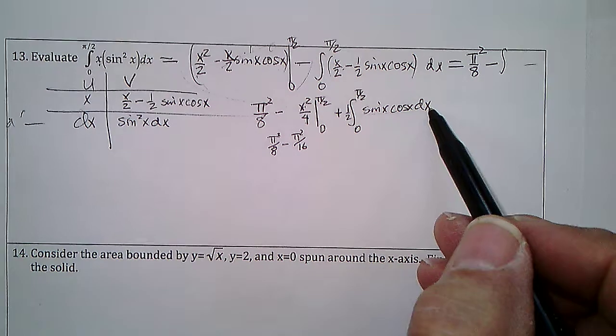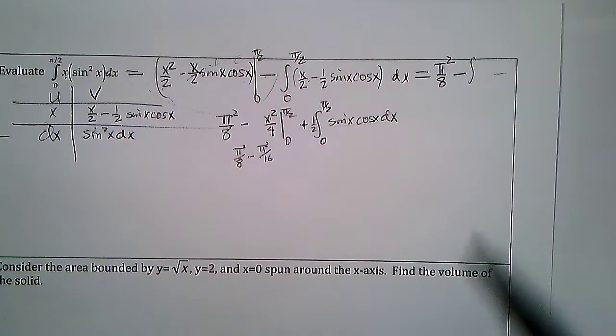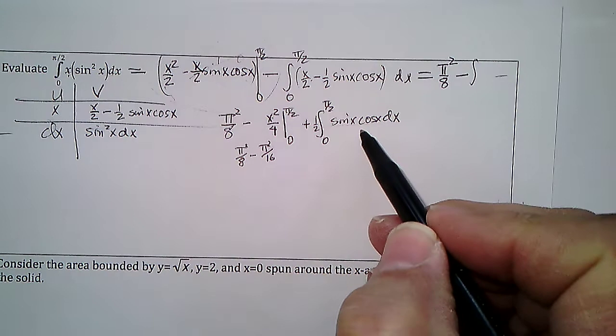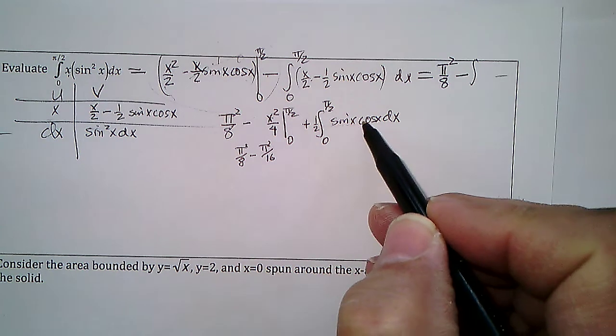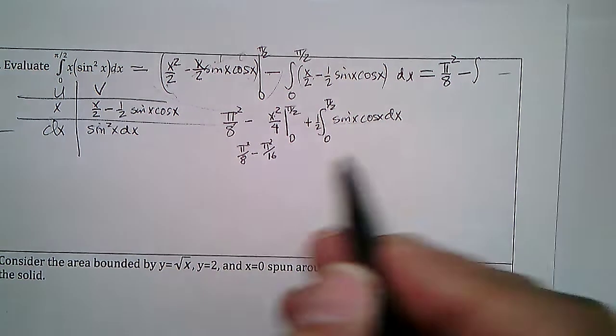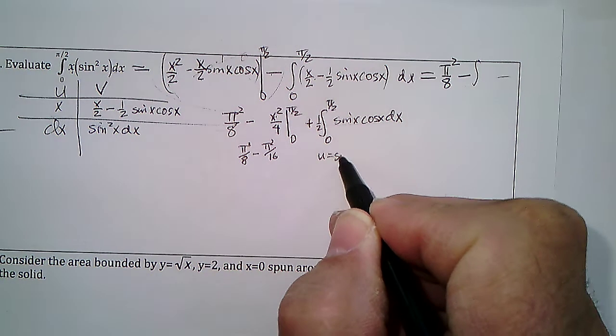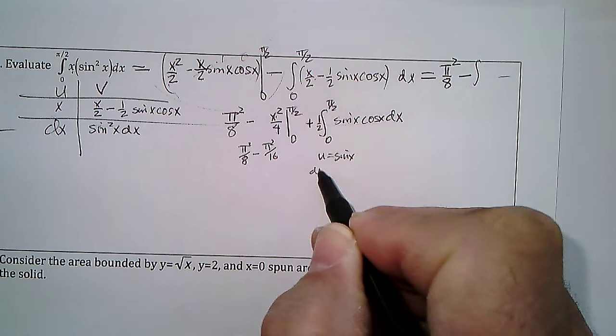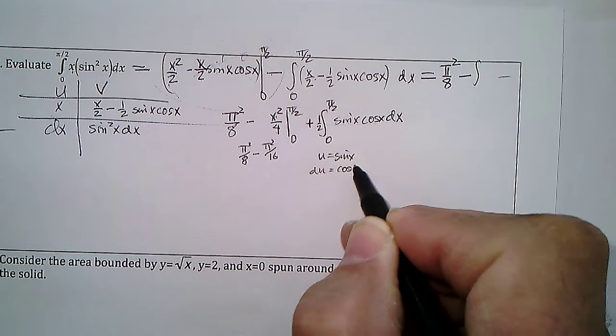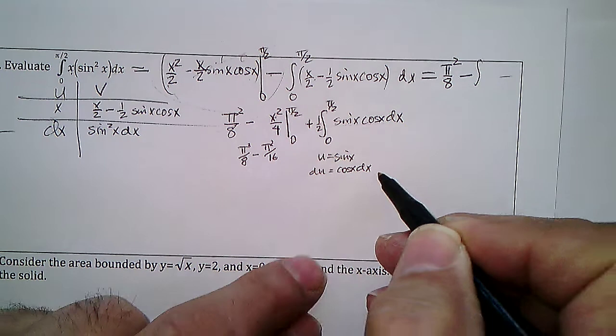But for this part, we need to either let u be sine x or cosine x. I'm going to let u be sine x. Then du would equal cosine x dx.